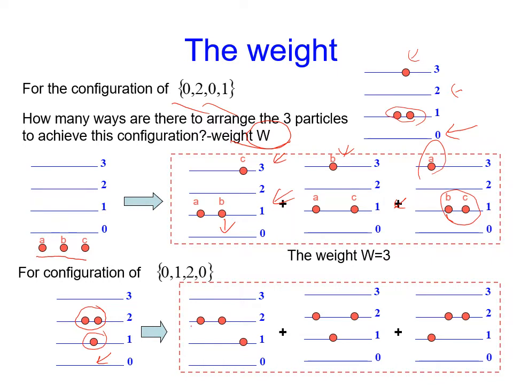You have AB at the third energy level, C at the second energy level, or it's B at the second energy level, or it's A at the second energy level, and BC at the third energy level. So W is also 3.